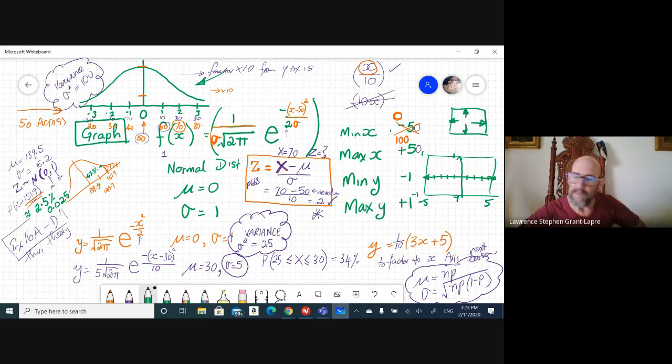Then they said the probability of a score less than B is the same as the probability of Z being greater than 1. I'll let you think about that one.